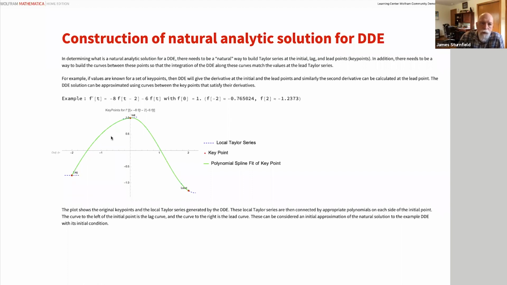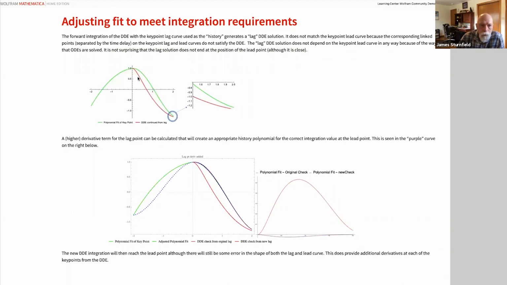In any case, at each of these points, we can define from that position the derivative at the initial point. From the derivative at the initial point, we can get the first and second derivatives at the lead point. And that gives us a good initial approximation to our natural solution. We then really look at that.